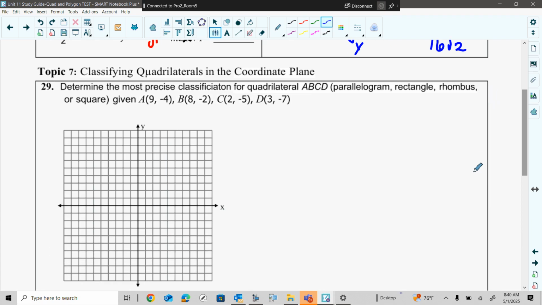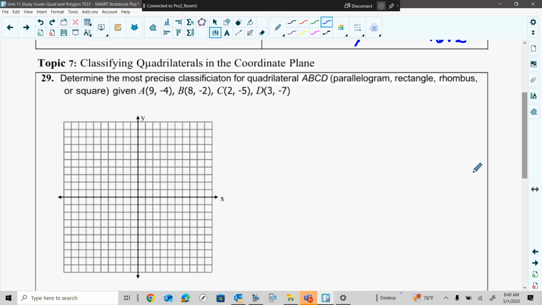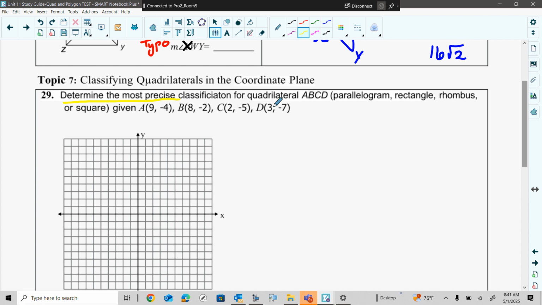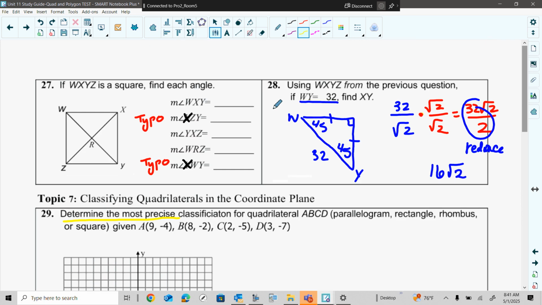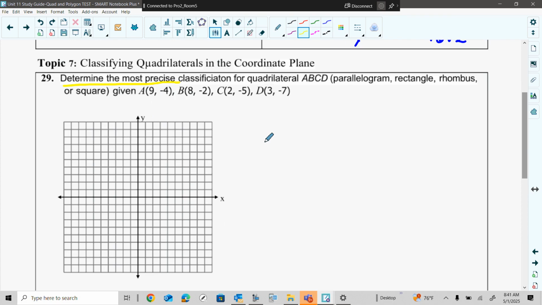Then here, just plotting the points, come up with the most precise name. When you're determining the most precise names, you need to look at your slopes. You need to use slopes. Use your slope to prove. So a couple of things.